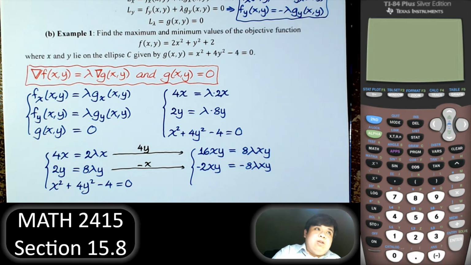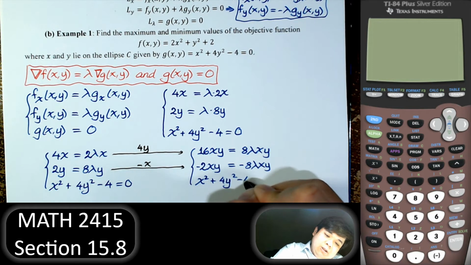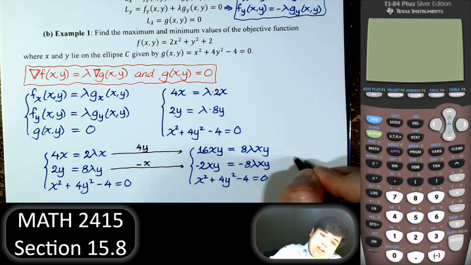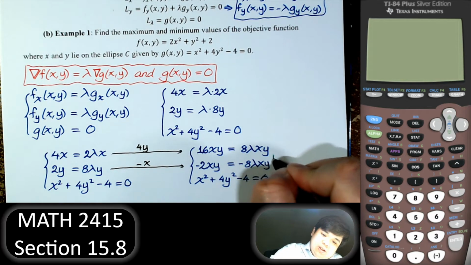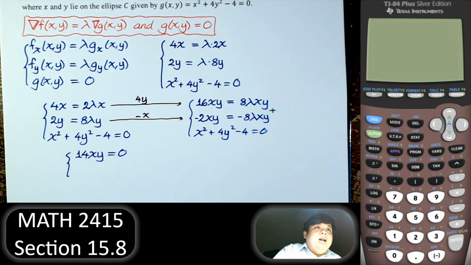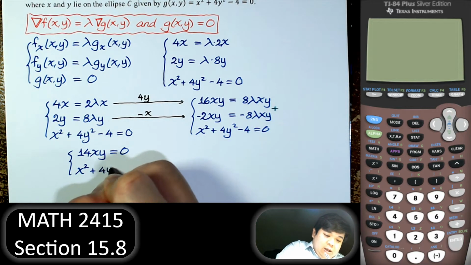Then the constraint. Now if you add side by side, those two lambda terms cancel out, and we just have 16 minus 2, so that's 14xy equal to 0, and then of course x squared plus 4y squared minus 4.